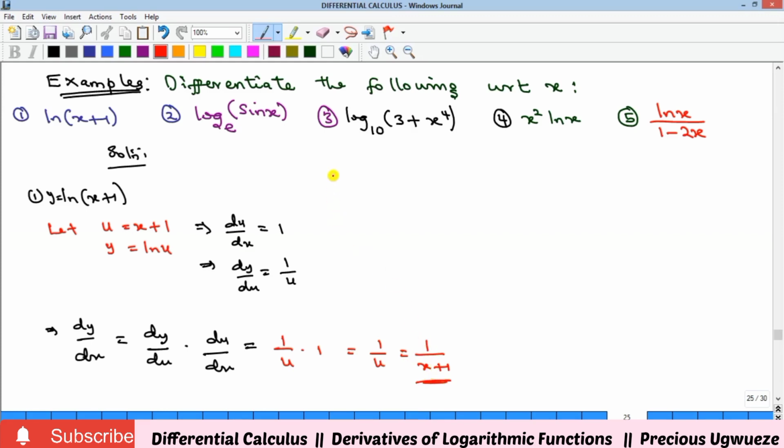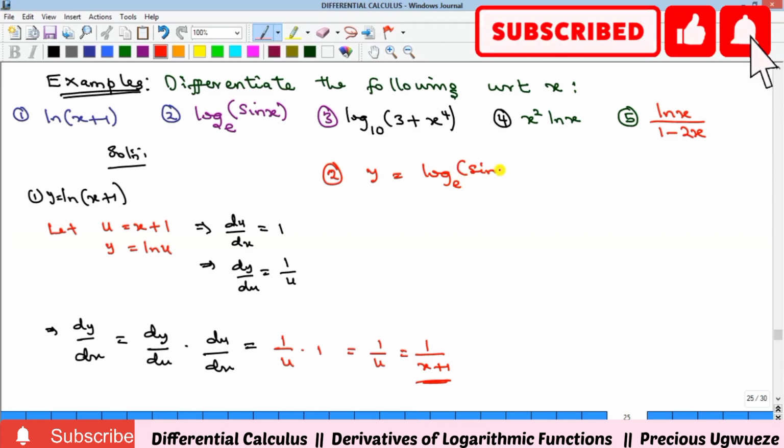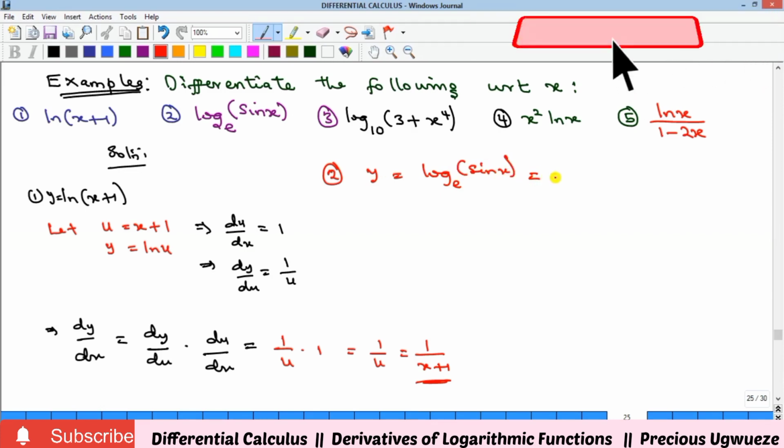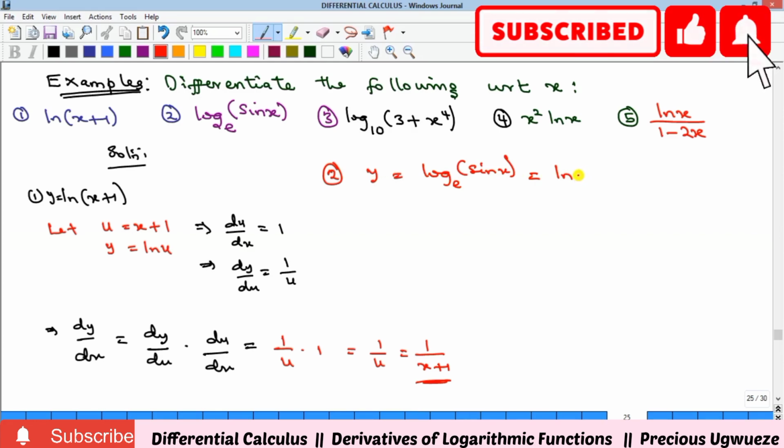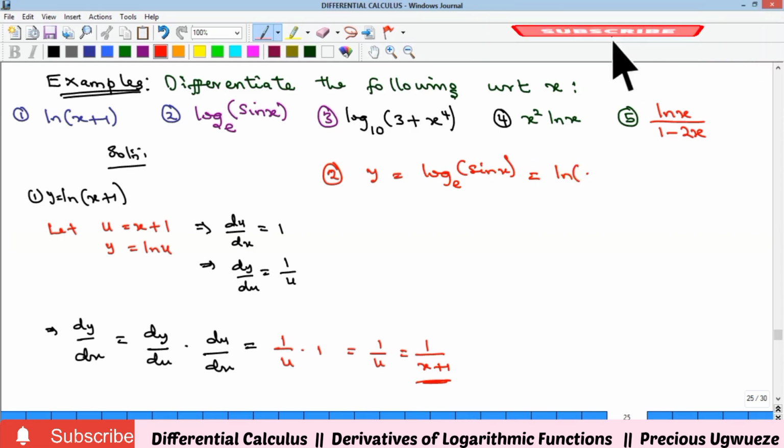Okay, so for example 2, we are going to have that our y is equal to log base e of sine x, and remember what we said, log base e is always better to write as ln, which is ln of sine x.